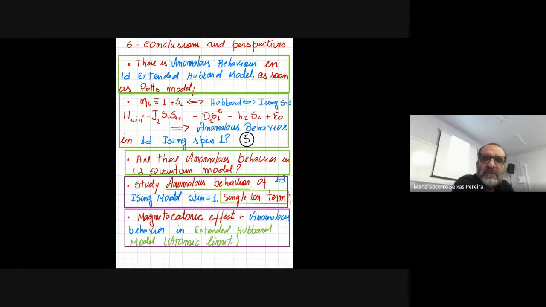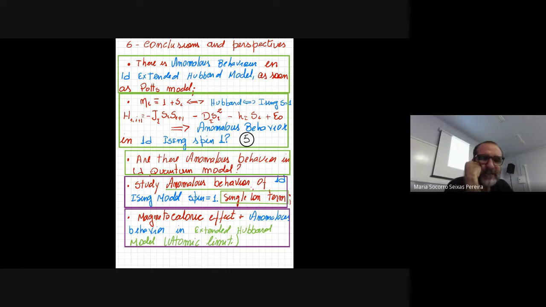We don't know the answer to this question. We tried to obtain it using Ising with transverse magnetic field, and the answer is no. Pseudo transition is destroyed with quantum systems.